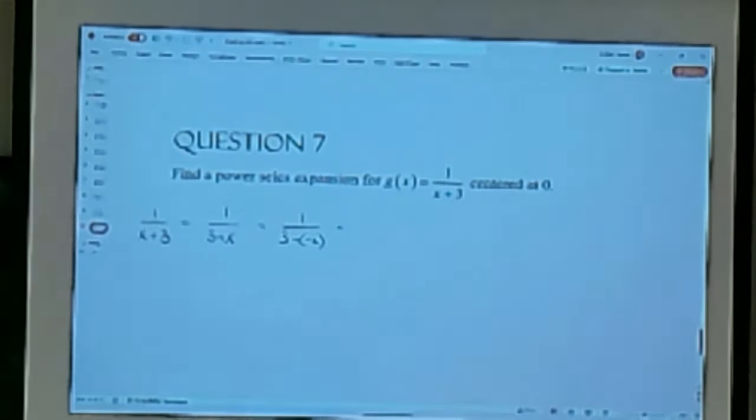How can we make that 3 a 1? Divide by 3. Factor out a 3. What I'm going to do is write it as factoring out 1/3. What does negative x become if we factor out a 3? Negative 1/3 x.